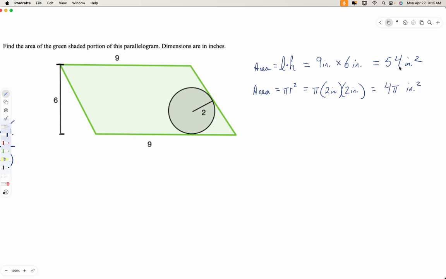So we're going to subtract this from this, but remember you've got that 4 pi, so these are not like terms. So we cannot subtract them, we can only represent that subtraction. So that's going to be 54 minus 4 pi in inches squared. That is your answer. That's all you can do.